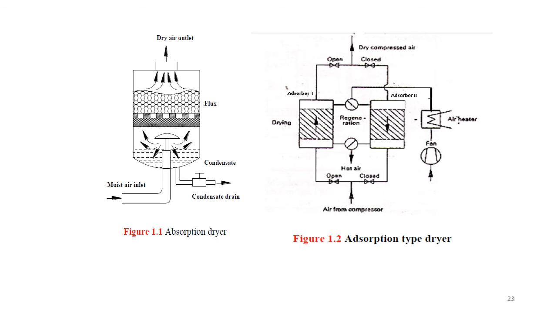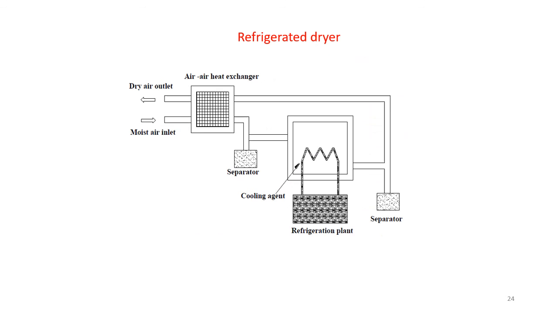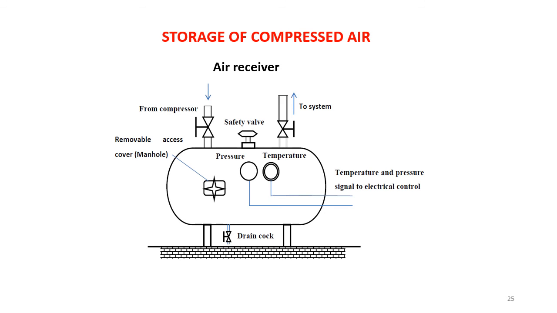These are diagrams which indicate the absorption dryer, adsorption type of dryer, and refrigeration type of dryer, and this particular thing is related to the storage of the compressor, the air receiver. The air receiver usually has pressure and temperature sensors mounted around it. There is a drain cock to remove the moisture.